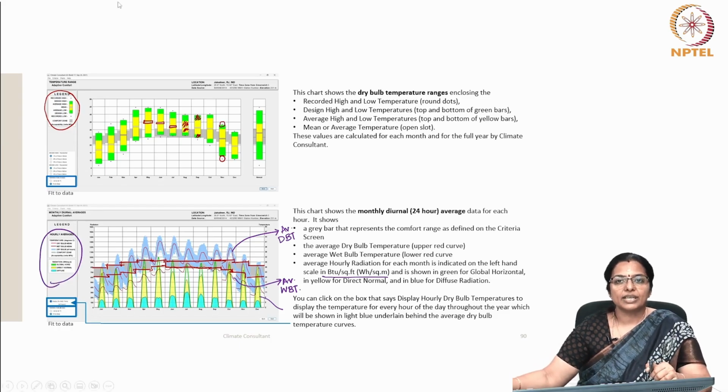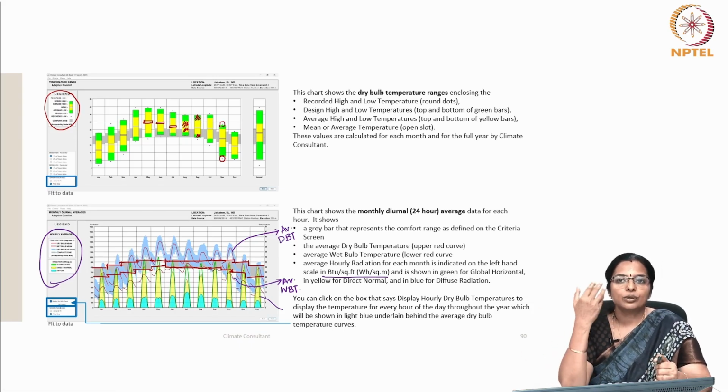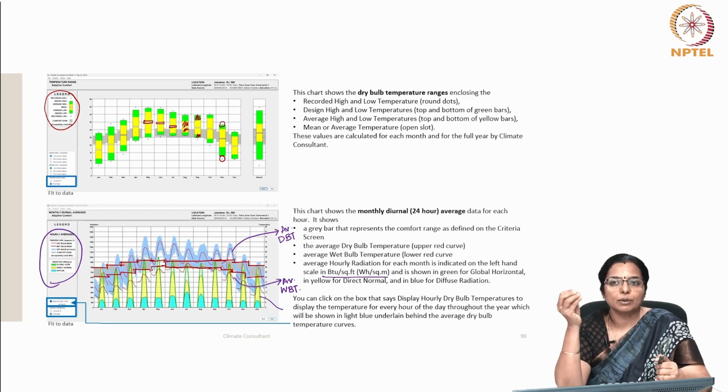So, when diffuse radiation is higher, it usually means that the sky is more overcast. And so, direct normal beam radiation will probably be cut down. Thus, total or global horizontal radiation will be reduced.